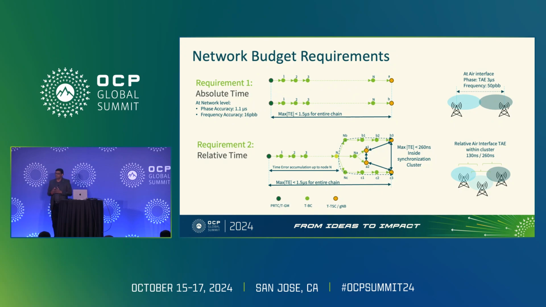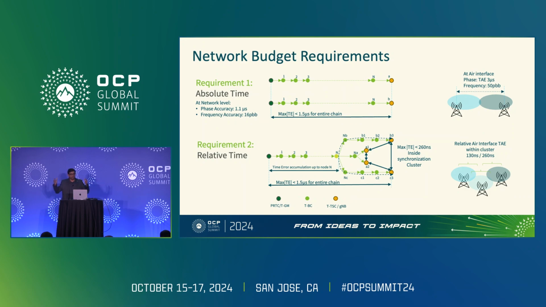Now, two aspects are usually maintained. First is maintaining an absolute time error starting from the source of the time, which is the T-GM connected to the base station, all the way up to the radio, which is the end application. And in case of 5G, the absolute time error has to be within 1.5 microseconds.